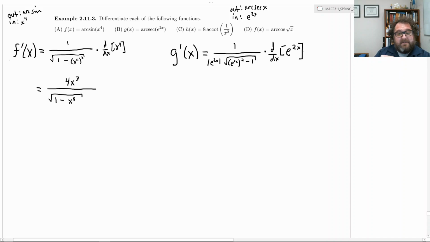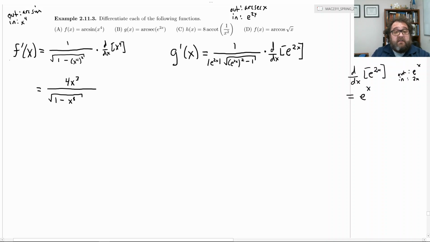Here's the thing. Look at that derivative. That's a composite function again. So let's do this off to the side over here. Derivative with respect to x of e to the 2x. Notice outside and inside. The outside function is e to the x. The inside function is 2x. So the chain rule says this is going to be equal to the derivative of the outside, step 1.